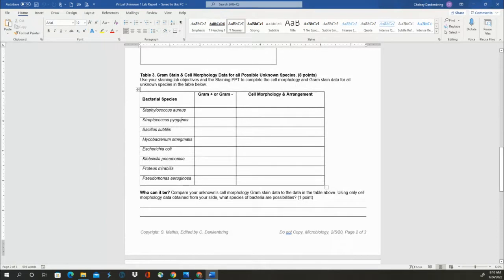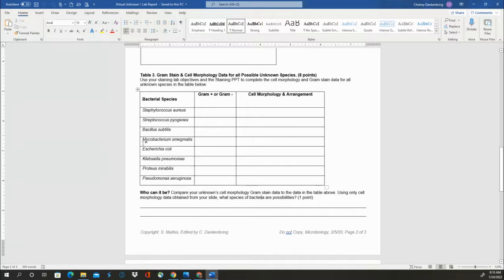So then what you're going to do is go through the gram stain PowerPoints and look at the pictures of each organism, and you are going to tell me if each organism is gram negative or positive, and then you are going to give me their morphology and arrangement. The reason for this, okay, is because you are comparing your unknown organism to the 8 that you might have. And so if you look at this who can it be question, notice you're looking at the gram stain data, okay, to be like, all right, well, my organism is gram negative.